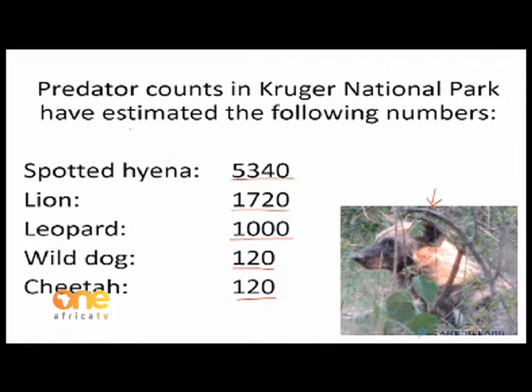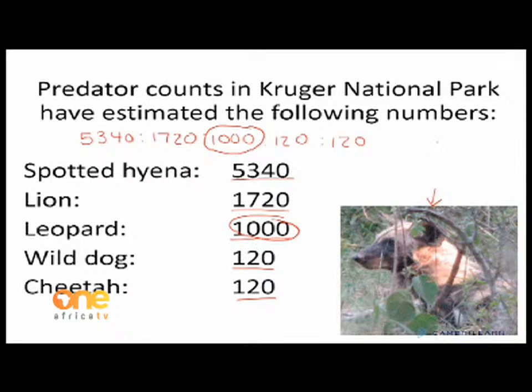So, our ratio here would be 5,340 to 1,720 to 1,000 to 120 to 120. Okay, so if we want to pull a fraction out from a ratio, we have to take the number that we're interested in. We're going to talk about leopards today, so it would be our 1,000, because there are 1,000 leopards.